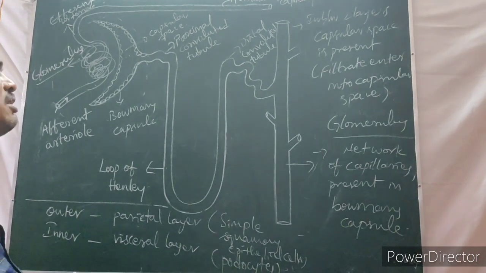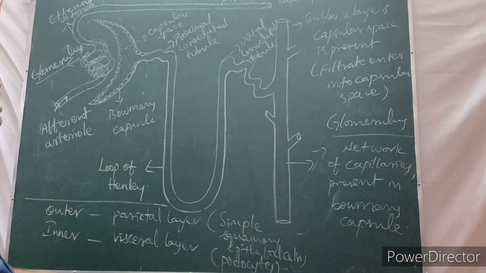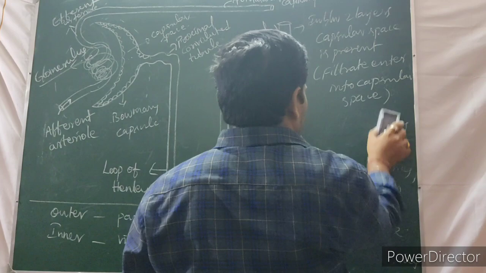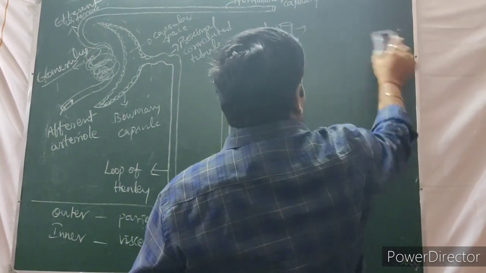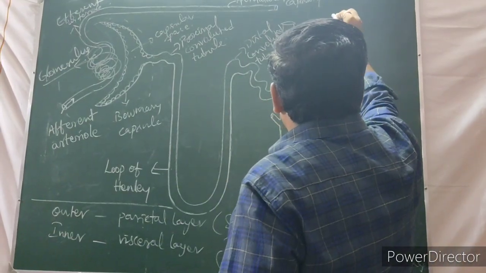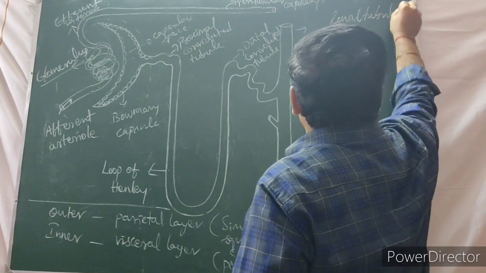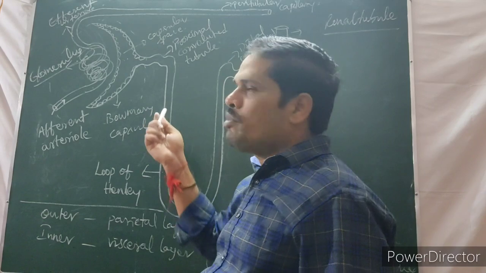So that is the importance of the renal corpuscle. The next one, renal tubule. Renal tubule has very important parts.